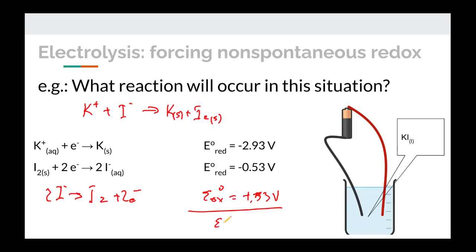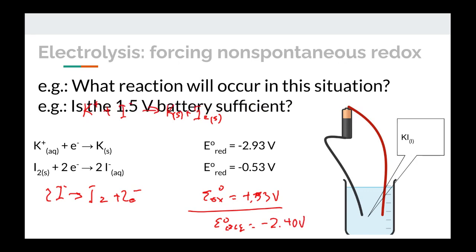And if you add that together, you find out that the cell potential is minus 2.40 volts. The next question here is, is the 1.5 volt battery sufficient? Well, no. This reaction will only happen if you have an external voltage applied that's greater than 2.40 volts. So that would not work out.